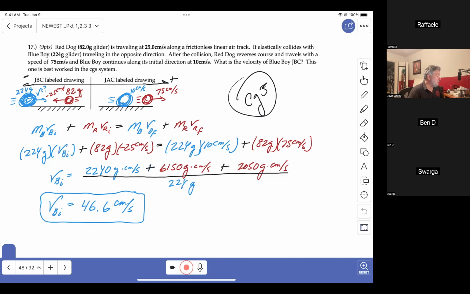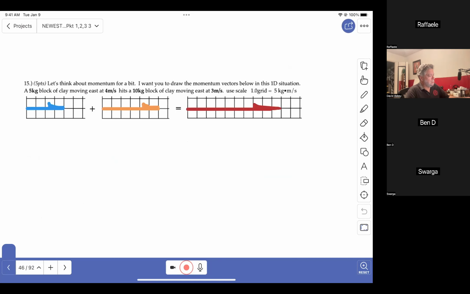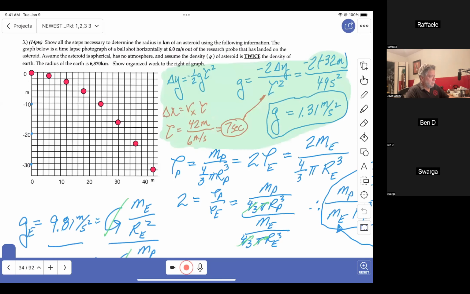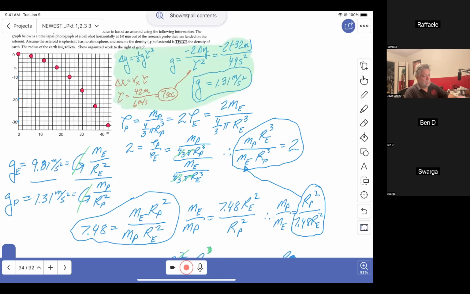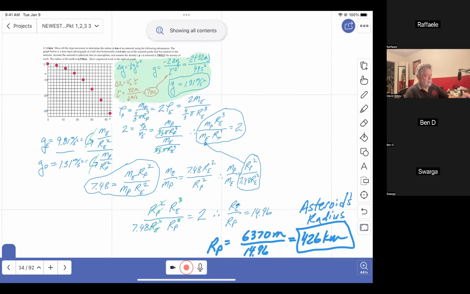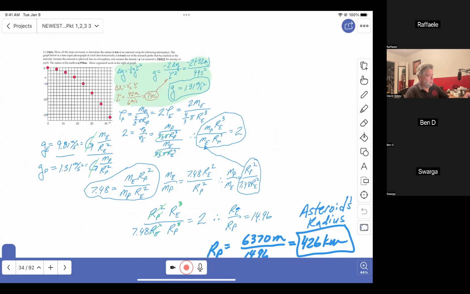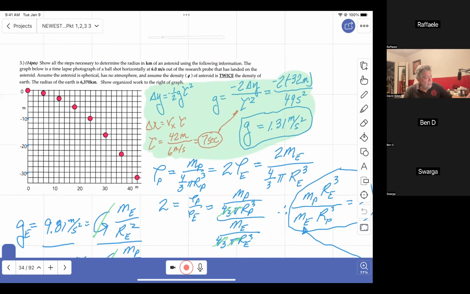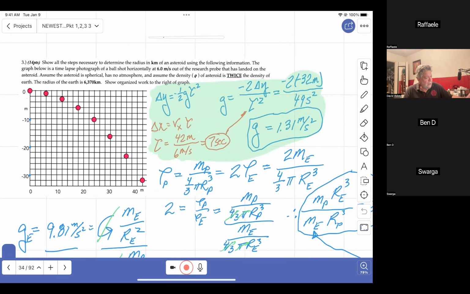Shorter says, could you go back to number 3? All right. Number 3. Keep in mind, you won't have to find the asteroid's radius. Just concentrate on the green part there, finding G. It won't be the exact same equations.